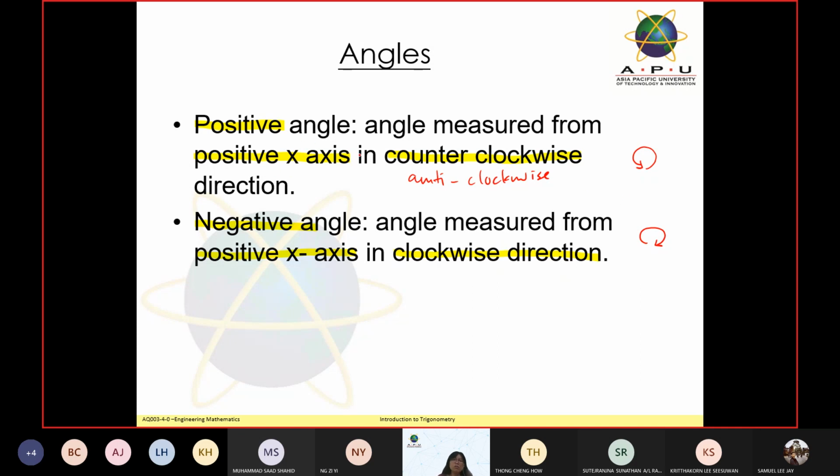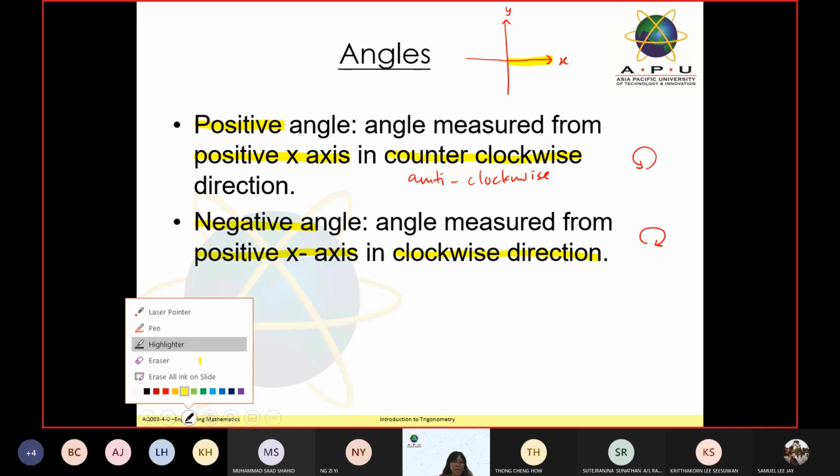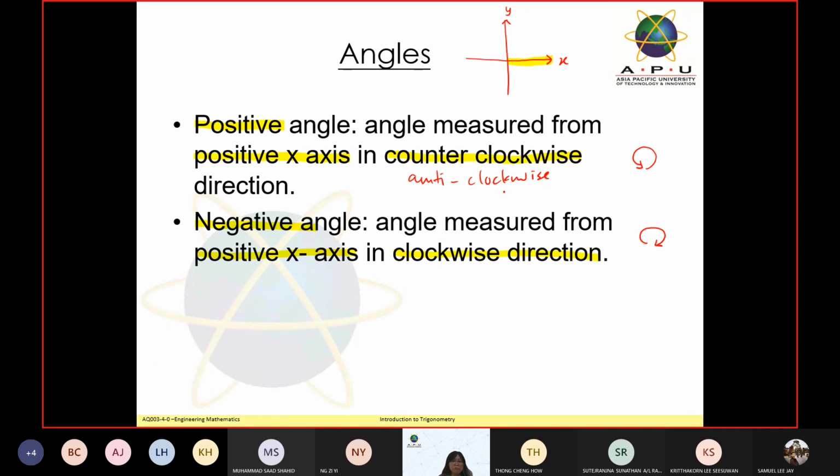What do we mean by the positive x-axis? When we look at the axis system, this is x, this is y. The positive x is here. When it comes to the x-axis, here is positive. This is where we measure the angle. Now let's look at the positive angle. I draw it here.